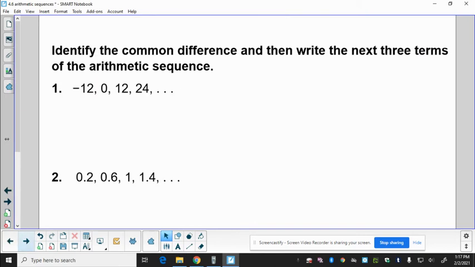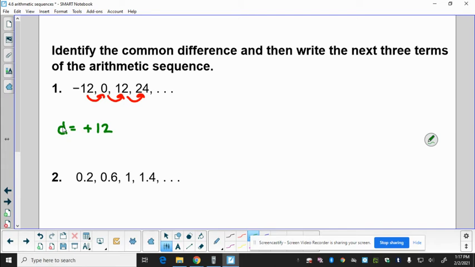All right, I want everybody to try 1 and 2. Okay, number 1, what is the common difference? What is this value? What are you doing over and over and over again? Well, I don't know if it's obvious to you or not, but it looks like we are increasing by 12 each time. So the common difference is going up by 12.